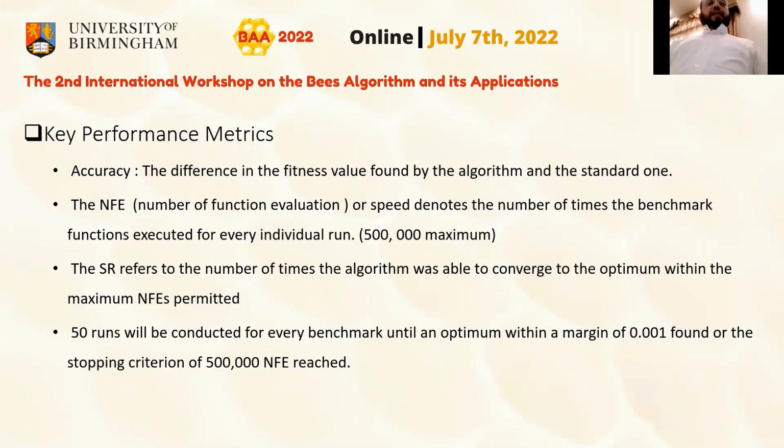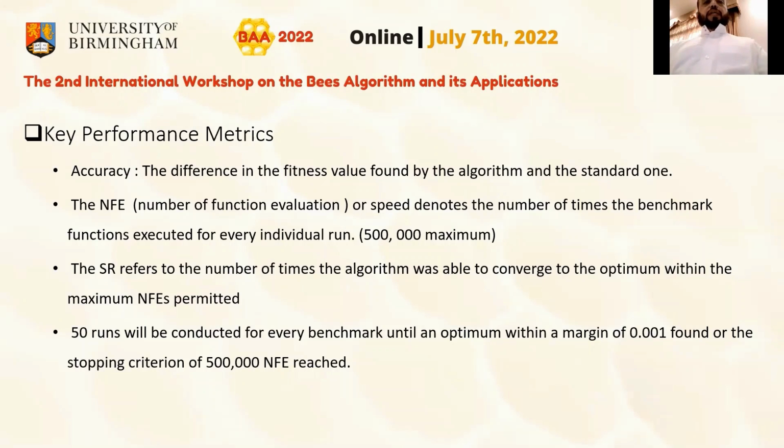The SR is the success rate, which means the ability of the algorithm to converge on the benchmark functions. Sorry, if it converges on all the benchmark functions, that is 100%.